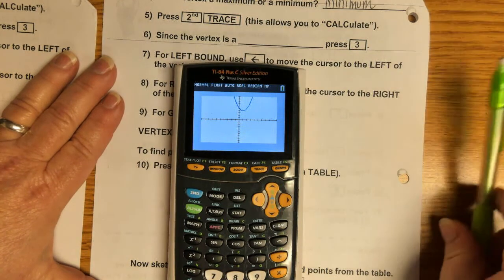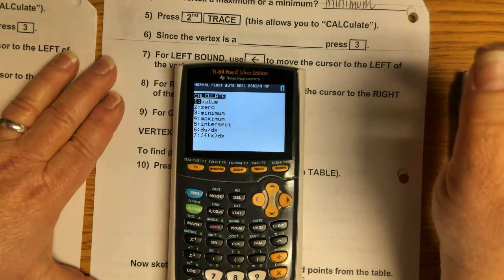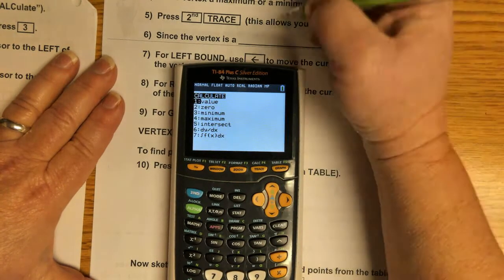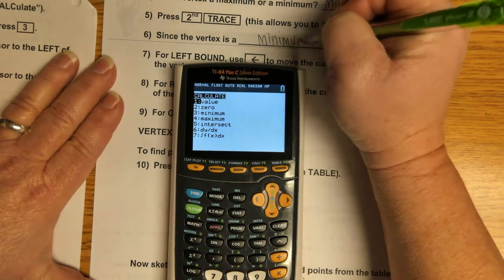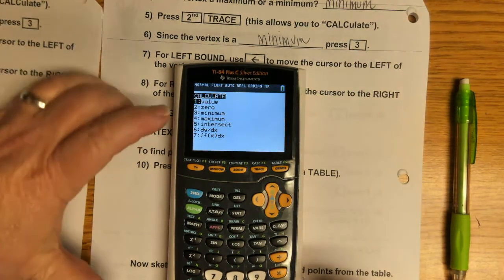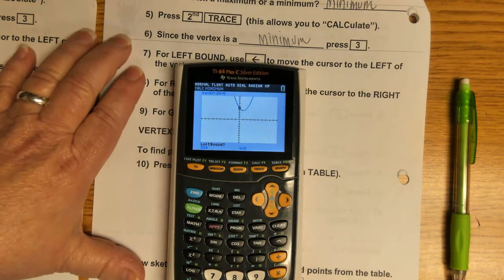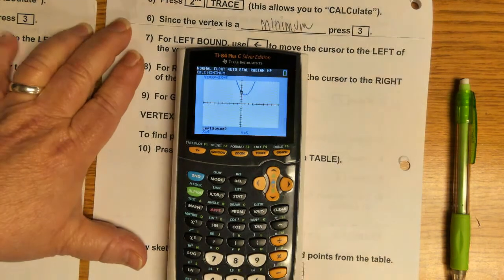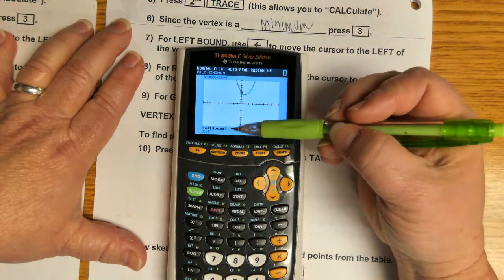Press second and trace. This allows you to calculate. We're used to this. Since the vertex is a minimum, press 3. Because if you notice on 3, it says minimum. Now we've done that, and it has a question down here, and it says left bound.